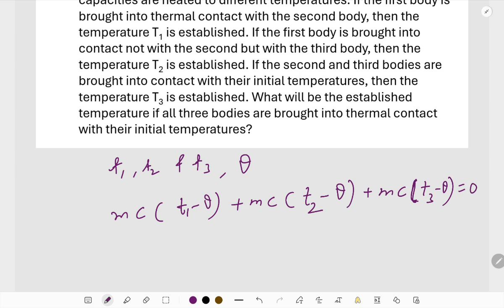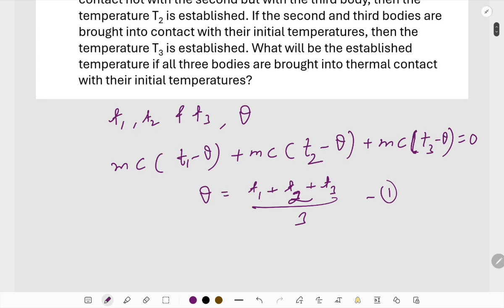This is the heat balance equation. That is how I learned to write the heat balance equation. And here you simply get that the value of theta becomes (T1 plus T2 plus T3) by 3. This is our equation 1.